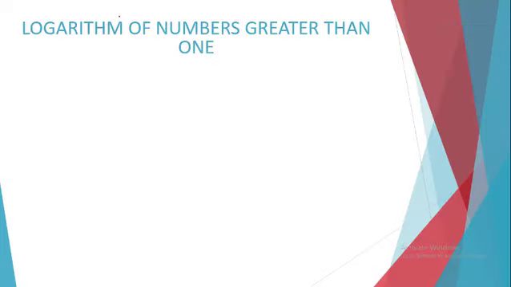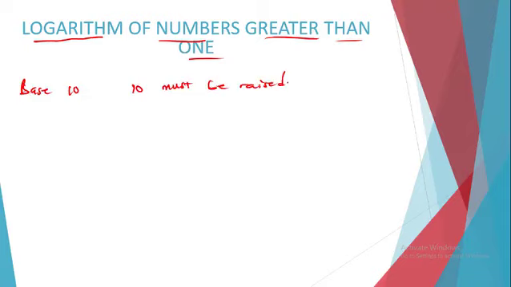Let's start with logarithm of numbers greater than 1. Base 10 logarithm of a number is the power to which 10 must be raised to give that number. Assuming we are given the number 628,000, and we are asked to find the logarithm of 628,000.